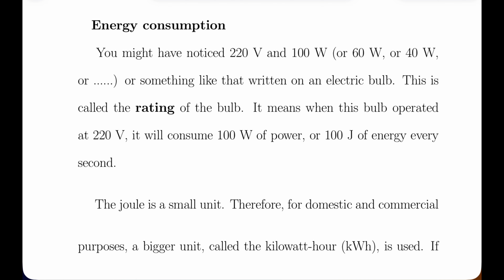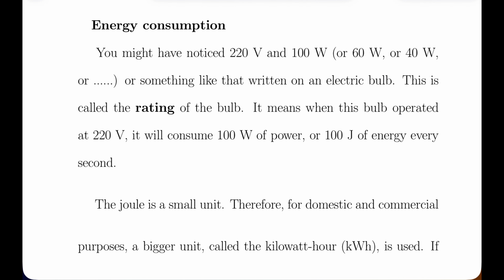This is called the rating of the bulb. यदि बल्ब पर लिखा हुआ है 220 वोल्ट 100 वाट, इसका मतलब ये है that when this bulb is operated at 220 volt, it will consume 100 watt of power or 100 joule of energy every second. Okay? उसी तरह से यदि लिखा हुआ है 220 वोल्ट 60 वाट, इसका मतलब if this bulb is operated at 220 volt, it will consume 60 watt of power and nothing else.